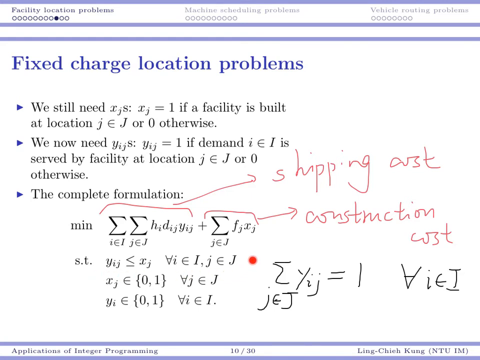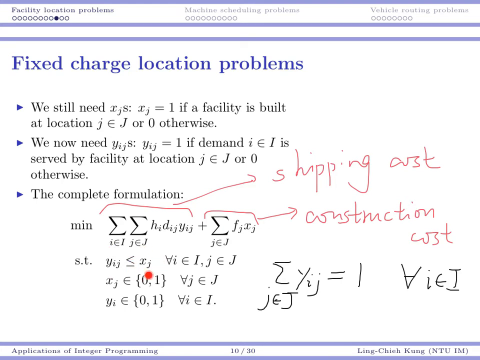The last constraint that we need to pay attention to is this one. For each i and j, we can use facility J to serve demand I only if that facility has been built.